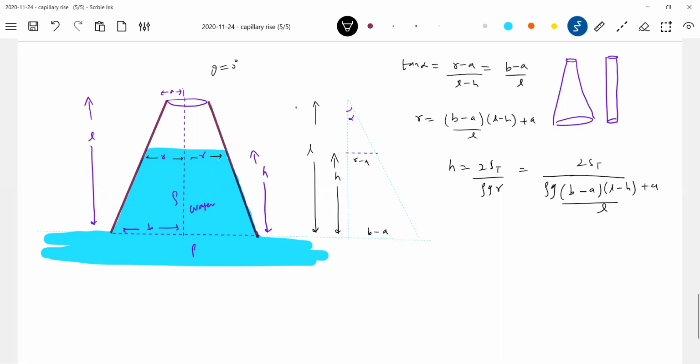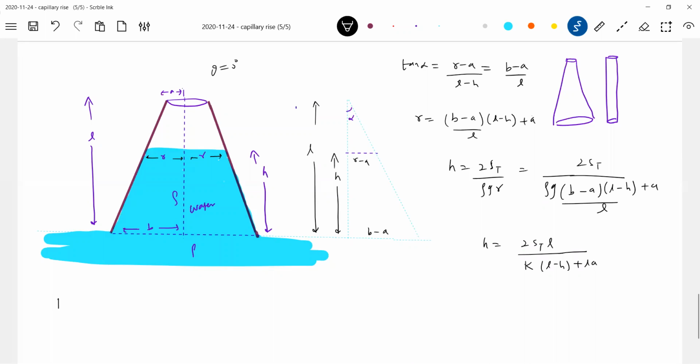Rho g B minus A, that everything you can call some constant. So this is not our answer. We have to solve for H. If you get a conical capillary tube, there some maths will be involved of this kind. So this will be further simplification. H is equal to 2STL by rho g, everything I'll call say some K, L minus H plus LA.